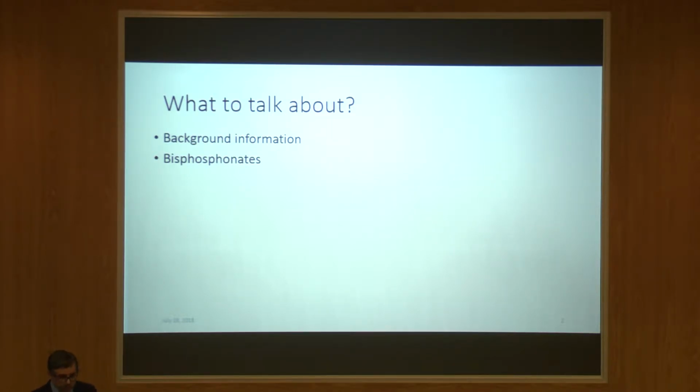I'm also going to talk about bisphosphonates in general, how they work, what the side effects are, and what the rationale is for using them in these complicated vascular anomalies. Then I'm going to provide some data, as limited as it will be, about use of bisphosphonates in combination with sirolimus. And I'm going to finish by talking about future steps.